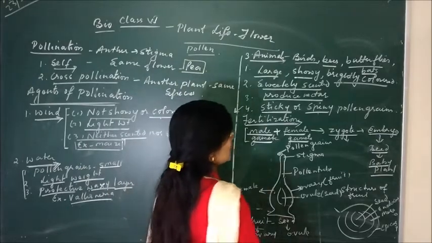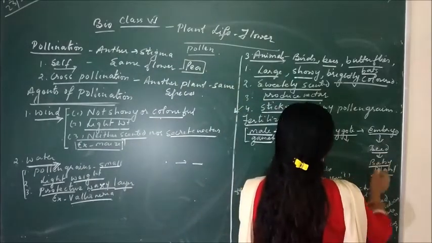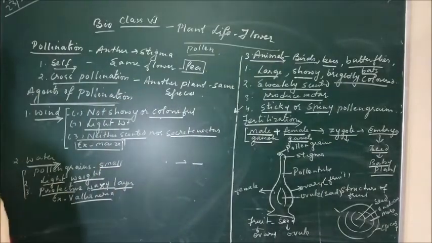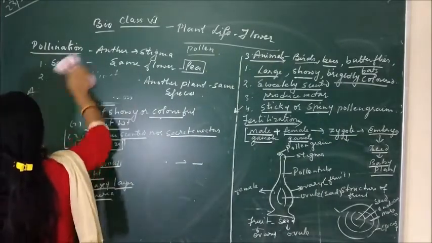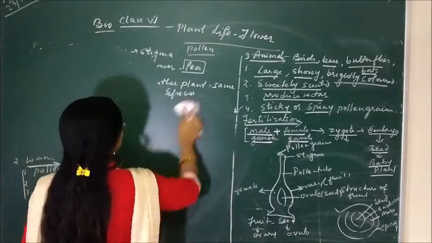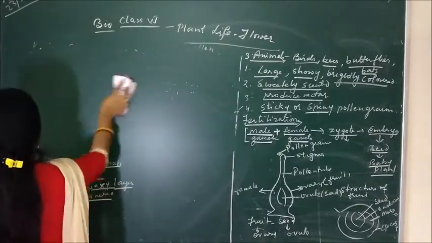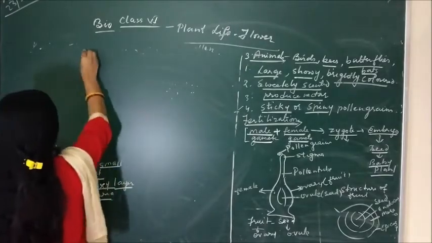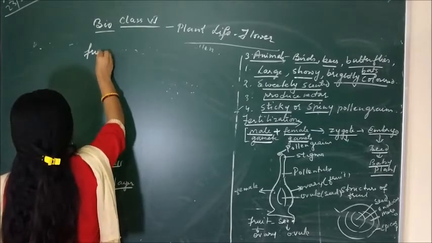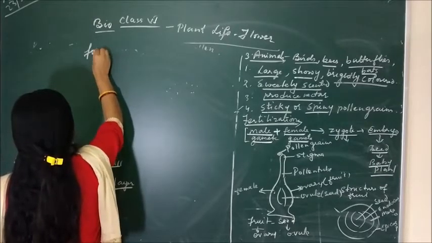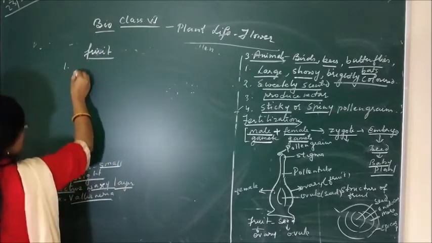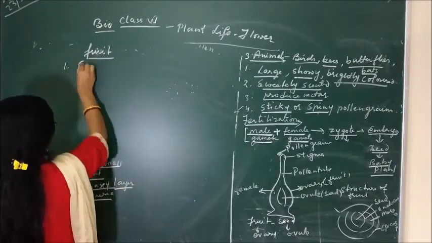Now once the formation of the fruit takes place, you should know the structure of the fruit. The fruit we eat is divided into three parts. It has three layers, we can say. So I will first study the structure of the fruit. The first one is the epicarp.